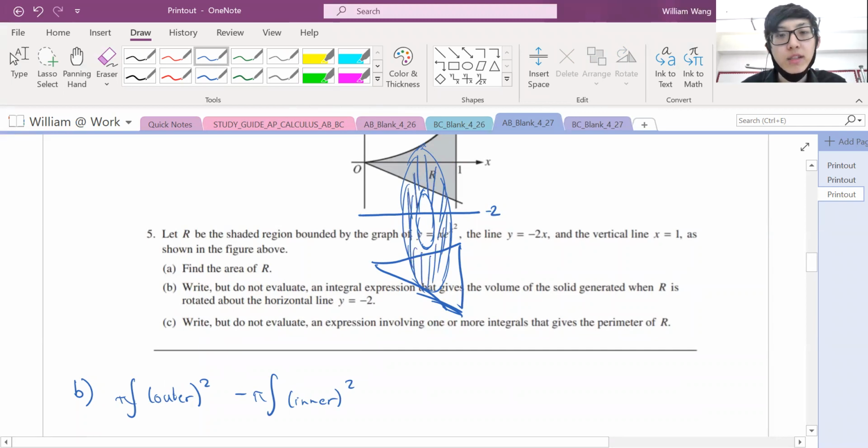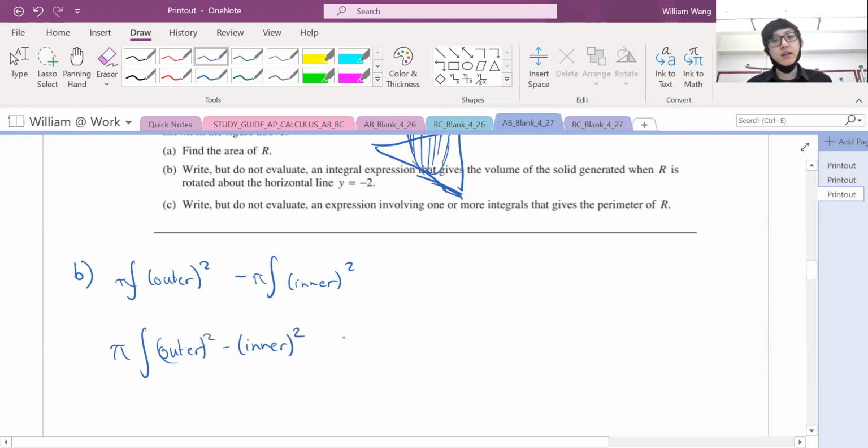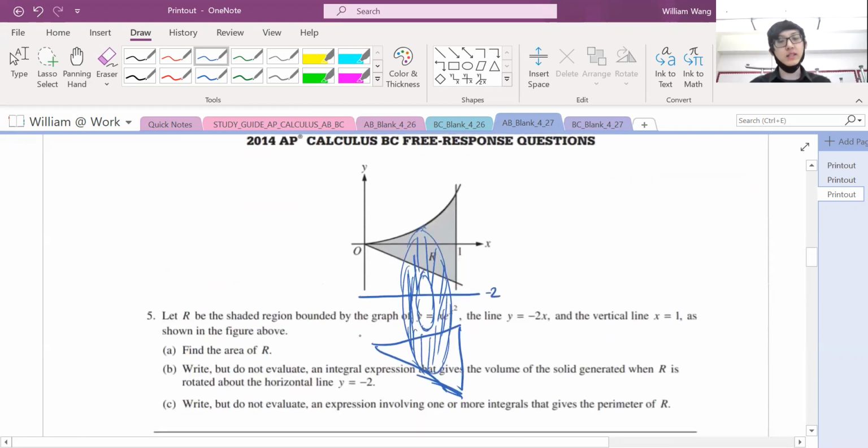That's why the inner part is blank, because I'm subtracting that part. Okay, so this is our washer method, right? So our washer method is pi times the integral of the outer squared minus inner squared. And that's fine. That makes sense to us. Hopefully you understand this conceptually.